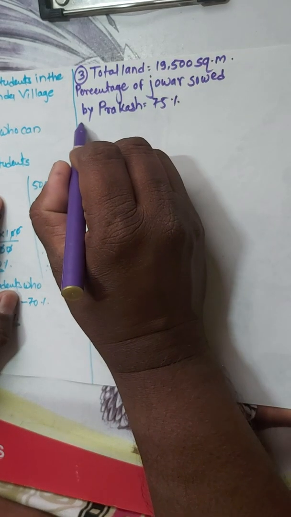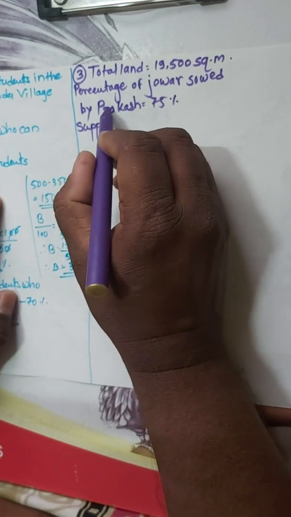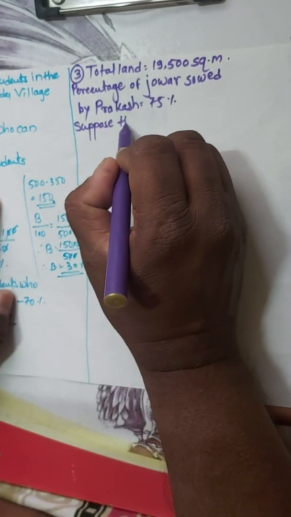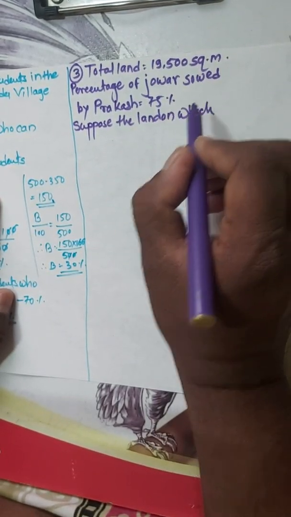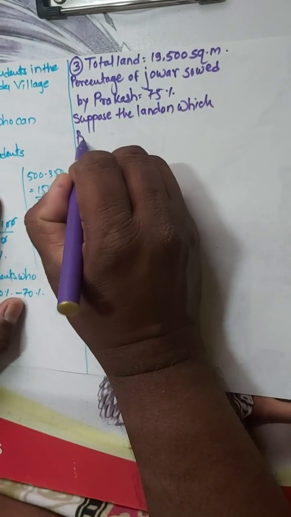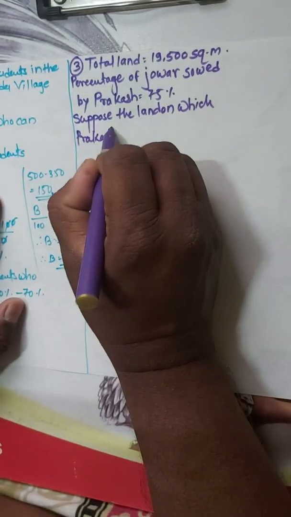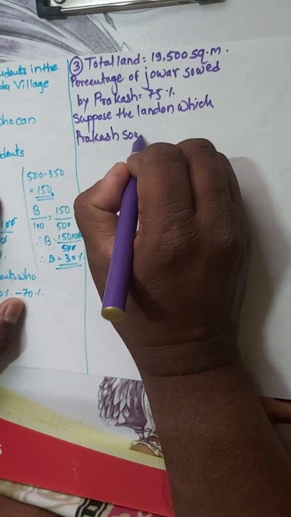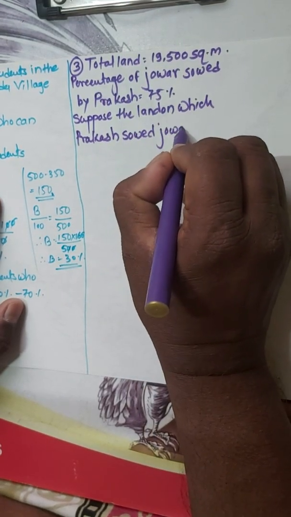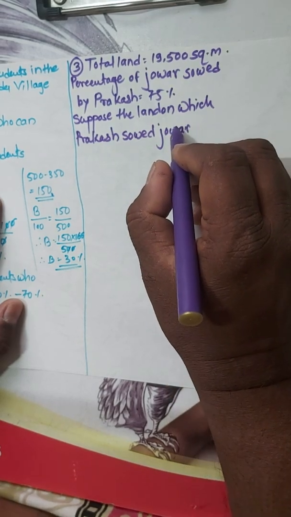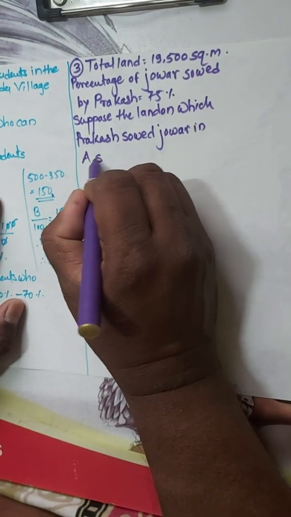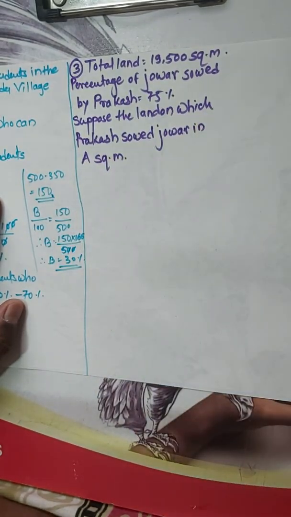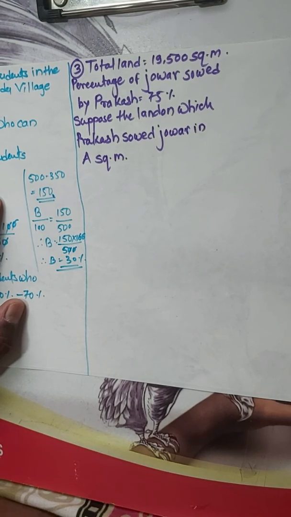So just we'll write, suppose, you can write any word, suppose the land on which Prakash sowed jawar is a square meters, or you can write let the land on which Prakash sowed the jawar be a square meter, this way also.